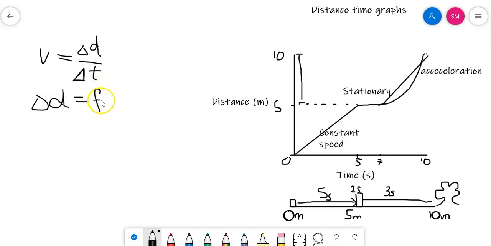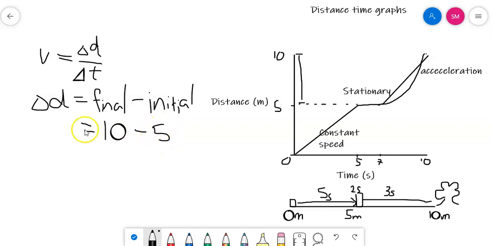So to work out the change in something, we need to go final value minus the initial value. The final value is 10 meters minus 5, so the change in distance is 5 meters.